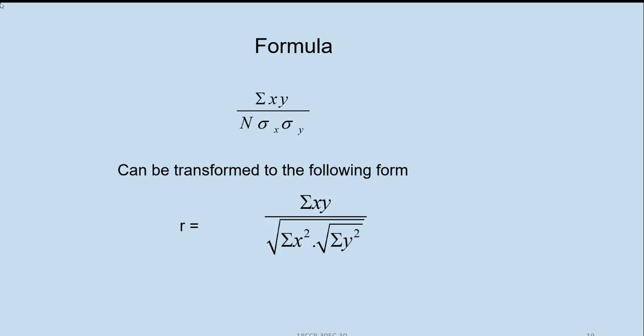Now we will understand the formula. The formula seen in the last slide, sigma xy by n into standard deviation of x, standard deviation of y, can also be written as correlation is equal to sigma xy, small xy, divided by the square root of sigma small x square into sigma small y square.